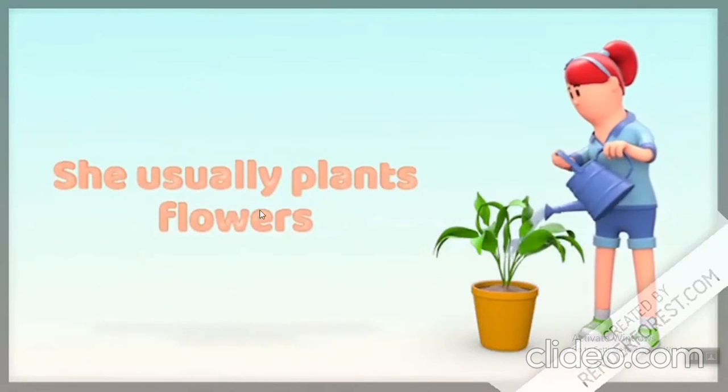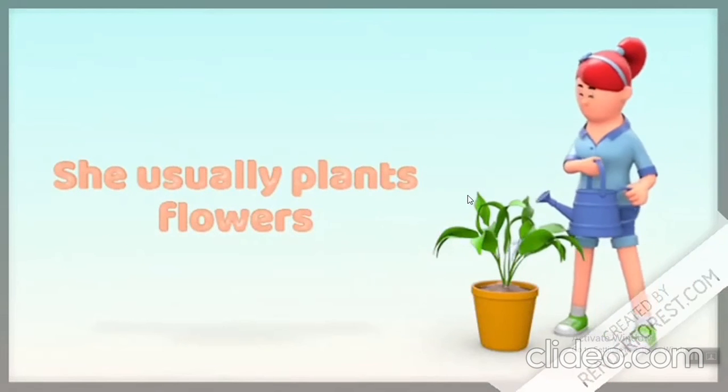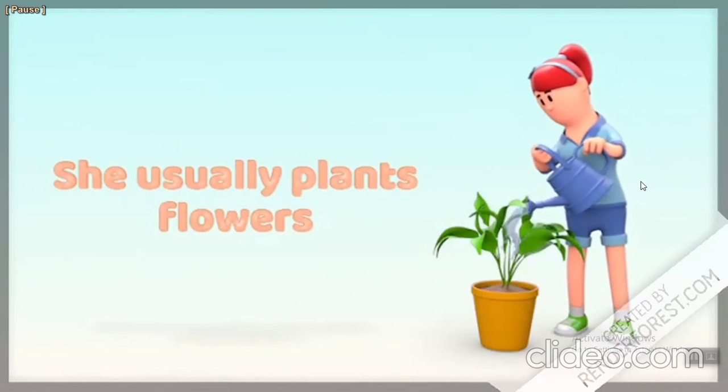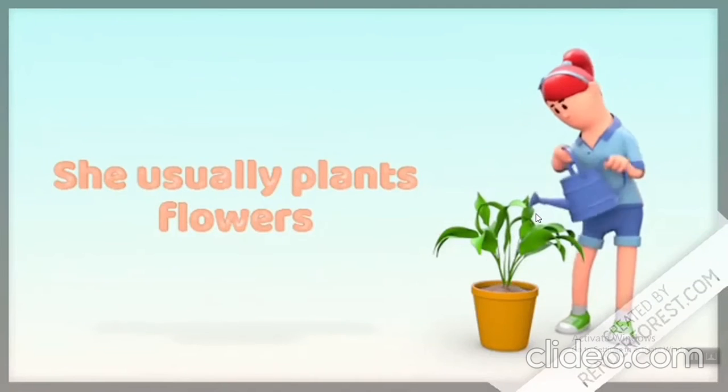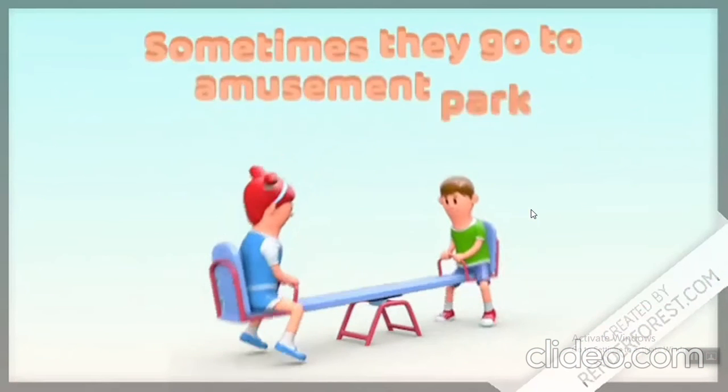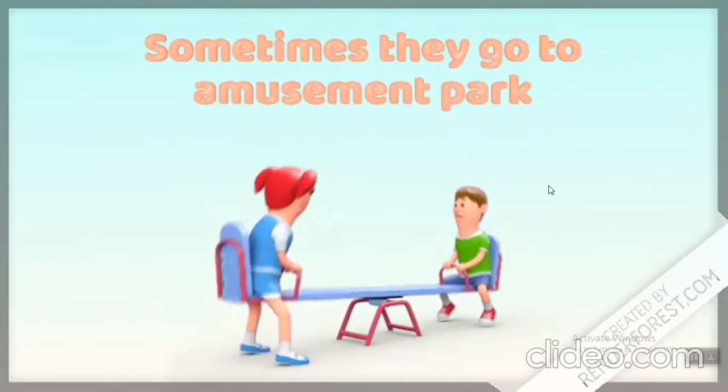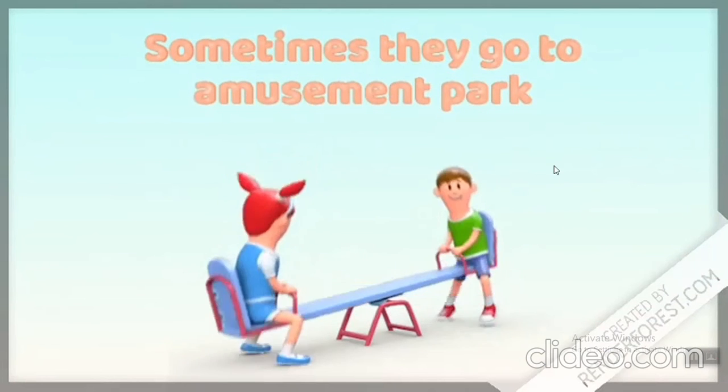She usually plants flowers. That's a habitual activity. Frequency, habitual activity, plants with s, she, singular pronoun. So she usually plants flowers. It's a very simple tense. Simple present.